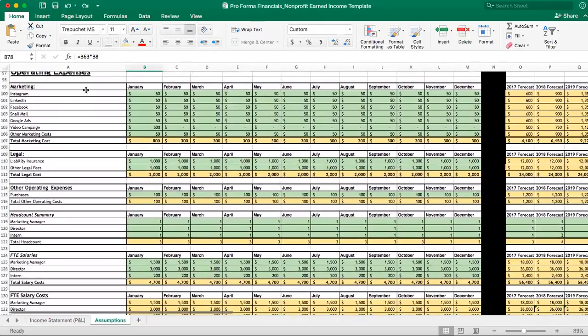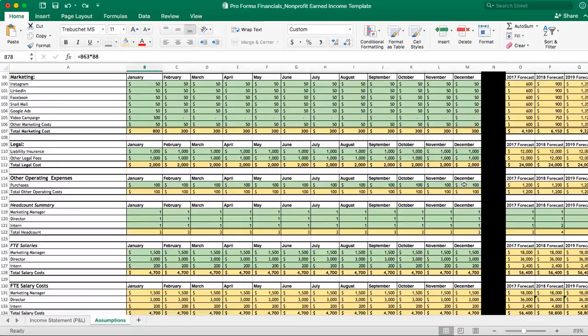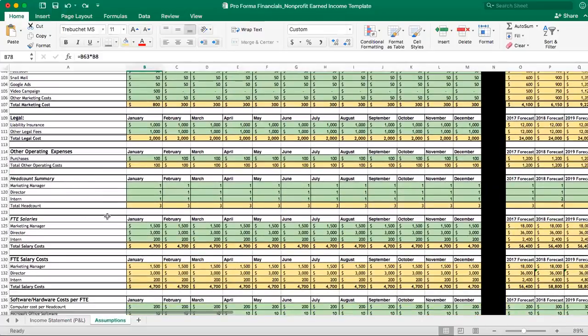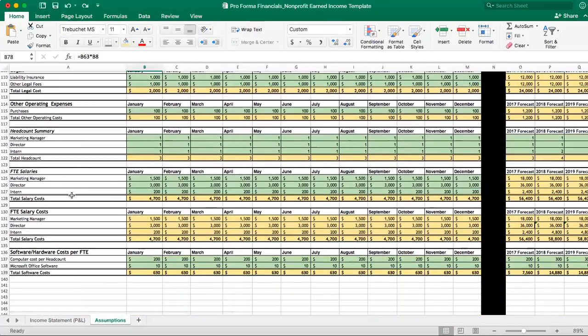Operating expenses is marketing, legal, other operating expenses, like maybe this is office supplies, a headcount summary, salaries, salary costs, and hardware and software costs per full-time employee.